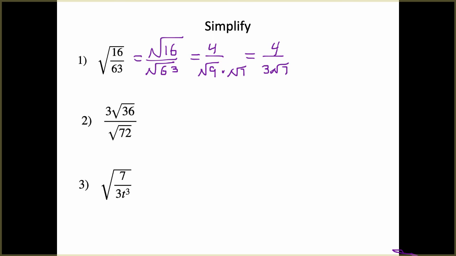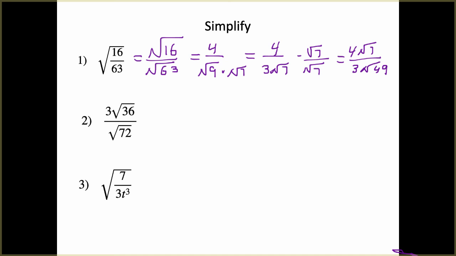Then we can multiply the top and bottom by the radical in the denominator. So we're going to multiply by the square root of 7. And we get 4 square roots of 7 over 3 square root of 49.